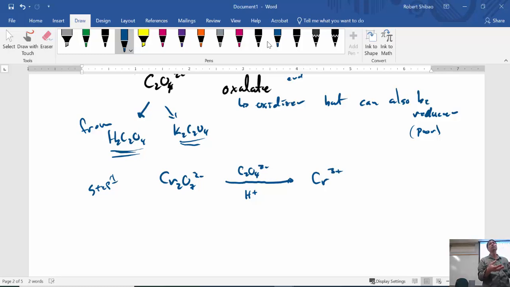You can have an explosion. Every semester somebody dumps it in all at once, and fortunately it doesn't explode violently because oxalate's not that great. But it explodes in a foamy mess all over the bench, with a lot of heat generated and all these bubbles and splatters everywhere. Hopefully that doesn't happen.